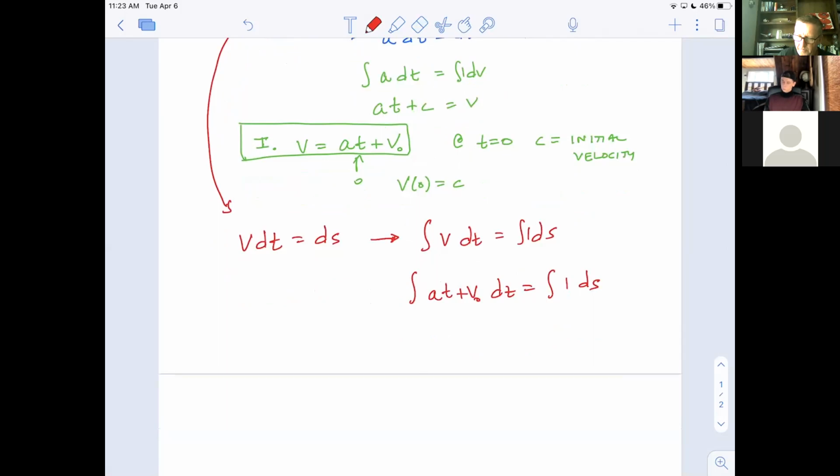Then with respect to t, at, don't you add 1 to the exponent? It's t to the 1 right now, so wouldn't it become at to the 2 and then divided by 2 or times a half? And doesn't that initial velocity grow a t, and then there's plus a constant here? So there's our position equation.